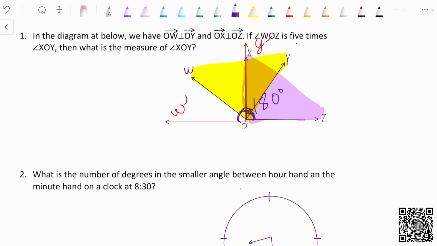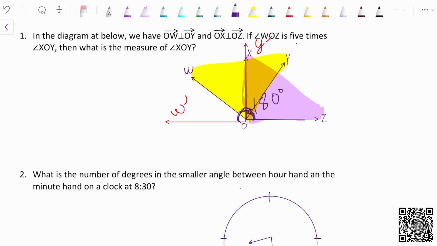So, using the information that angle WOZ is 5 times angle XOY, we will get something similar to this, since the area that we spread out is equivalent to angle XOY, because we got rid of the overlapping part.